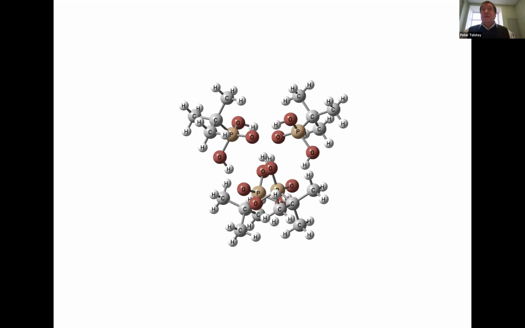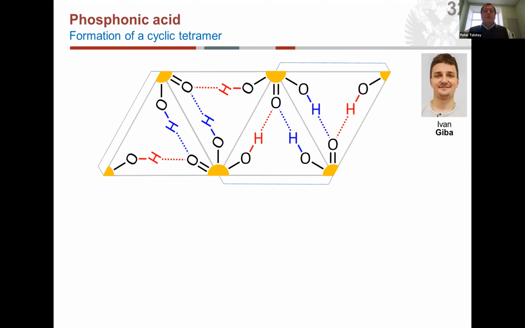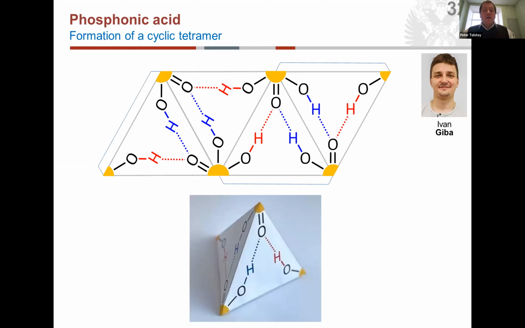The structure of this tetrahedral tetramer can be visualized as a paper cutout. So if one prints out this slide, takes scissors, and cuts out this shape, one can fold a tetrahedron, which will show the structure of this tetramer.